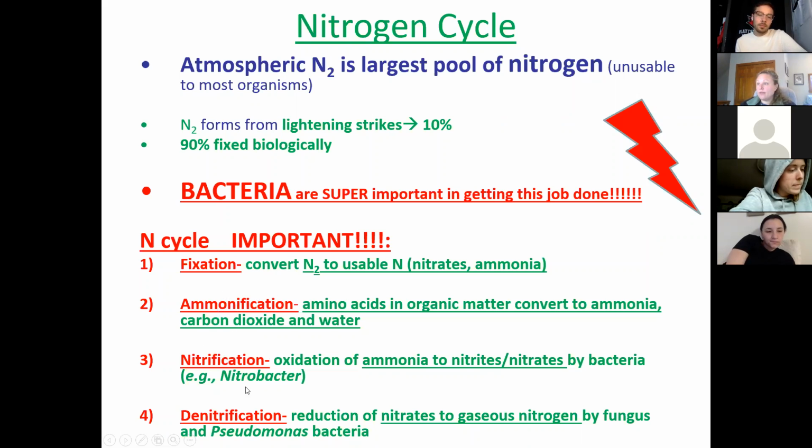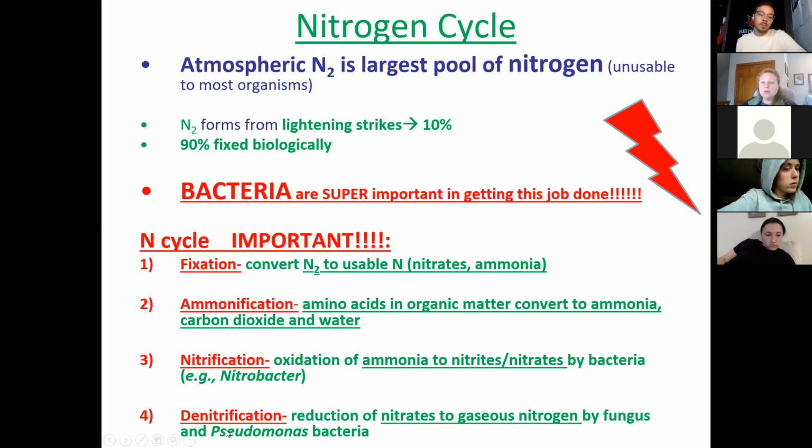Then you've got nitrification. When we have oxygen available, a special bacterium takes that ammonia and turns it into a nitrite or a nitrate, NO2, NO3. The final step is to take those nitrogen compounds we've created and return them to the pool of atmospheric nitrogen. That's denitrification.